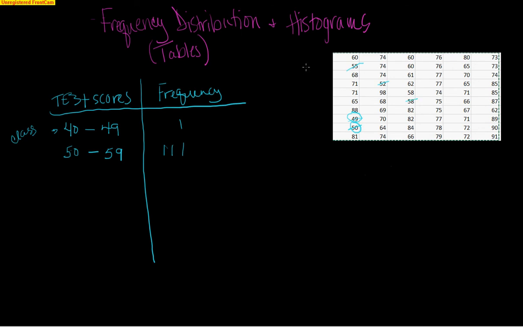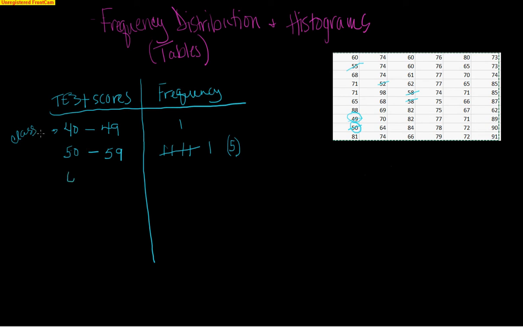Here's 58, so I'll do two more tally marks. And any more 50s? Looks like we have a total of 5 people who were in the range of 50 to 59.